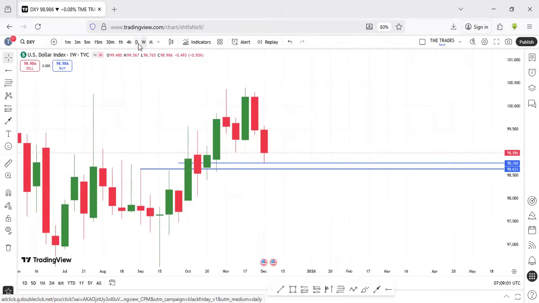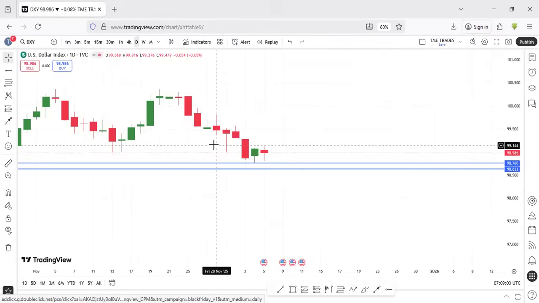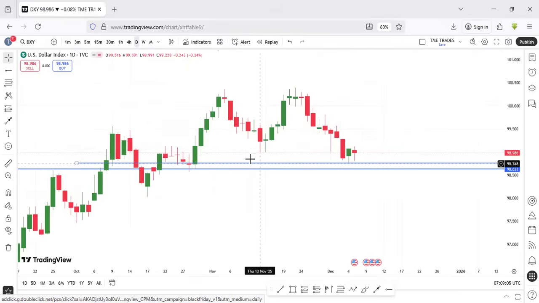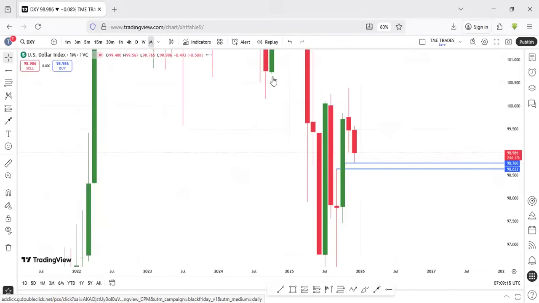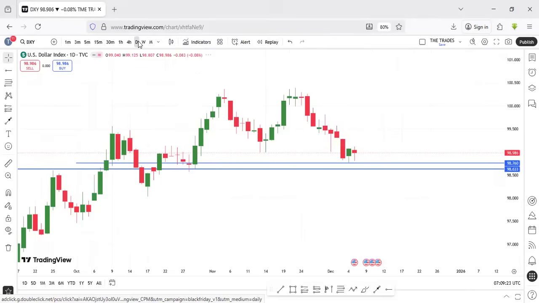Now, when we move down to daily, you can see that here also we don't have any significant gap left to be covered. That is why it is always important for you to start your top-down analysis from the monthly time frame, because that is what is going to give you what you need to see. Let's go back to the daily time frame.